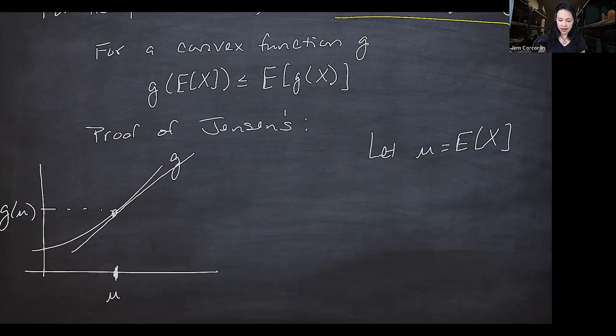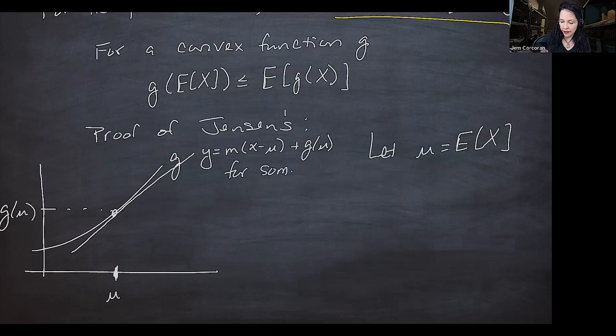So this line has an equation like y equals some slope m times x minus mu, plus g of mu, since I can use the point (mu, g of mu) to describe this line. The slope is something I don't even care about.